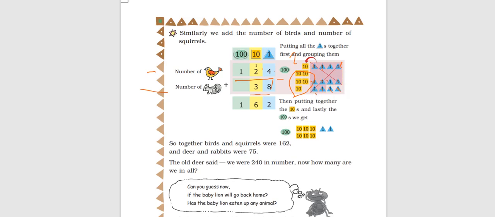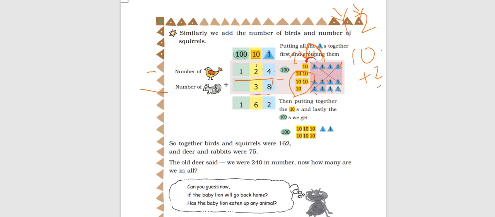So you have 4 ones and 8 ones, which is 12 ones, which means really you have 10 plus 2, right? When you put down 12, you have 1 in the tens place, which is 1 ten, and 2 in the ones place, which is 2 ones. So we can move the 10 ones as 1 ten to the existing tens. There were 5 tens before, and you brought over one more ten.